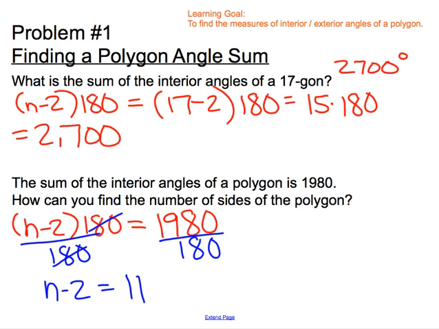In order to remove the minus 2 from both sides, we add 2 to both sides of this equation. These cancel, and we find that this is a polygon that has 13 sides. So how can you find the number of sides of the polygon? We just reverse the formula.